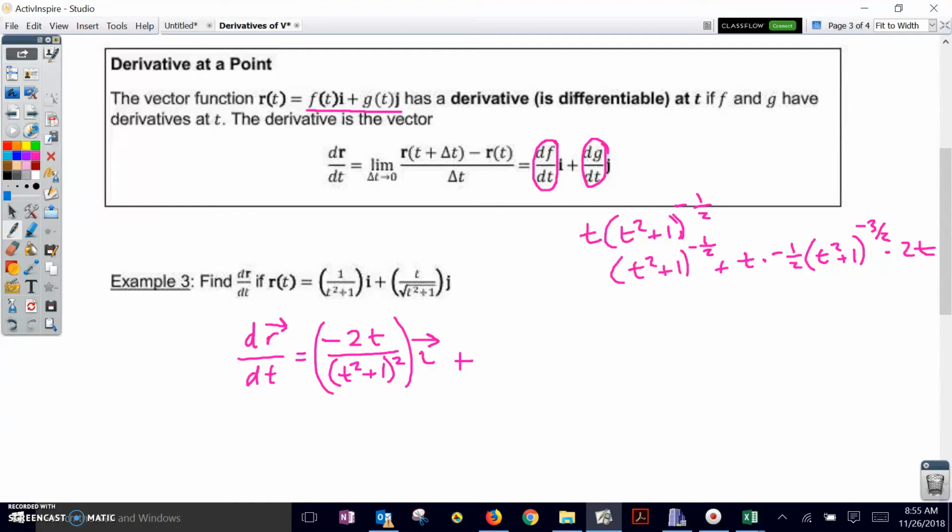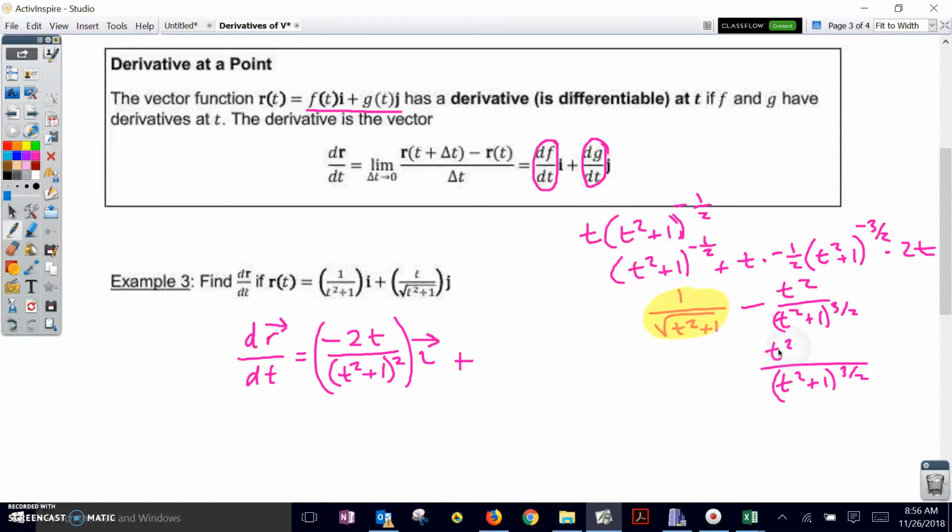And so we've got 1 over the square root of t squared plus 1 minus t squared over (t squared plus 1) to the 3/2. Getting that over the common denominator, (t squared plus 1) to the 3/2, we multiply the first fraction here by t squared plus 1 over t squared plus 1.